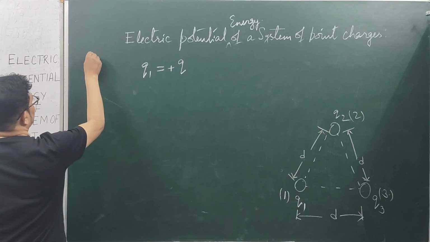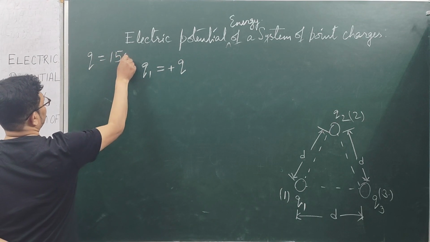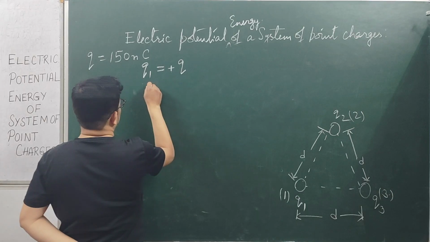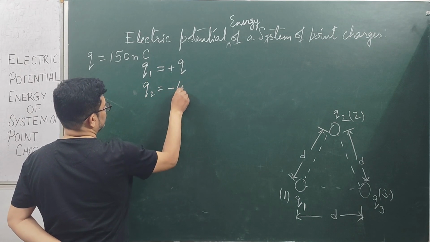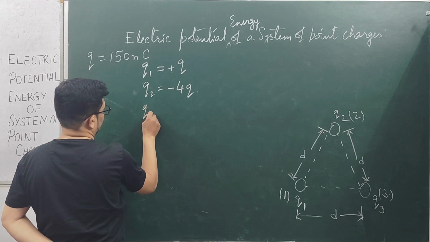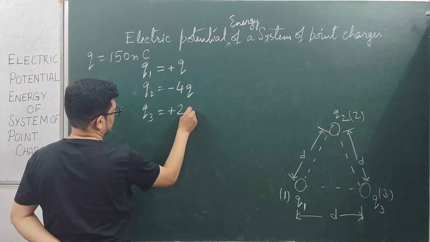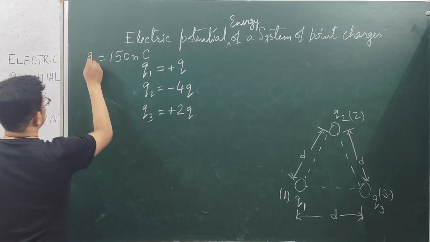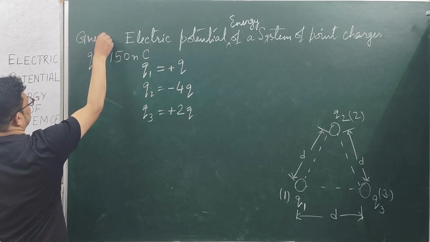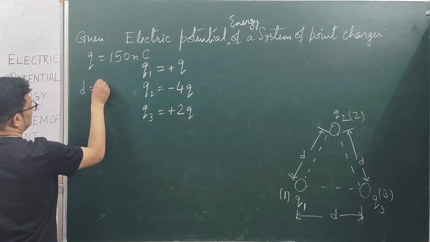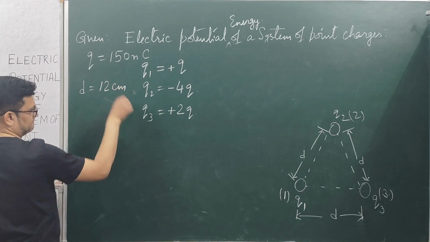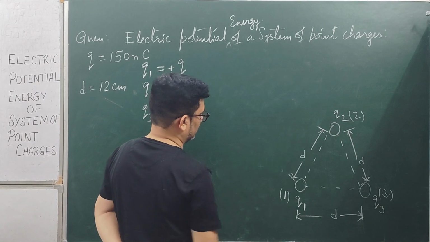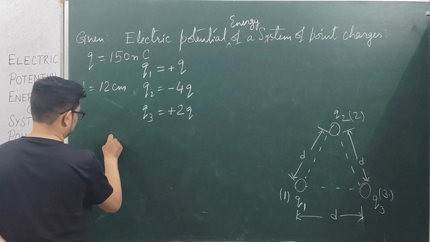We can define Q equals 150 nanocoulomb, and Q1 is plus Q, Q2 is minus 4Q, and Q3 is plus 2Q. The distance D that we have taken, so these are given values: the distance is 12 centimeter, and they are placed in the form of a triangle. The distances are equal, and now we want to find the net potential energy.